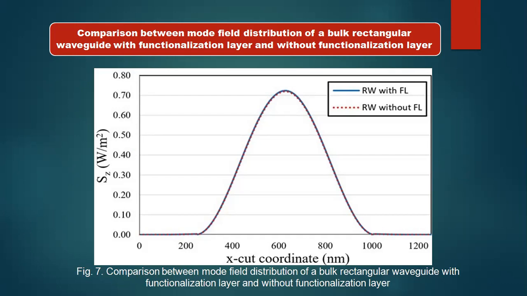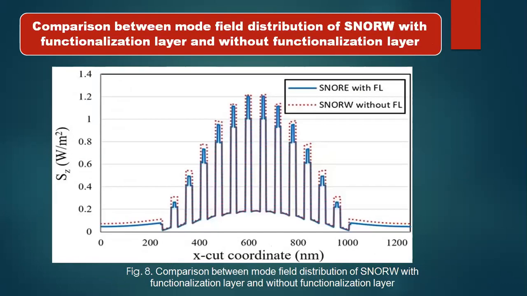Now, moving on to the second one, that is the comparison between mode field distribution of SNORW with functionalization layer and without functionalization layer. Well, this one is a lot more interesting than the last one because this comparison gives us some of the biggest insights of our experiment. Here, the red dotted line shows the usual graph that we had seen earlier for the one without the functionalization layer.